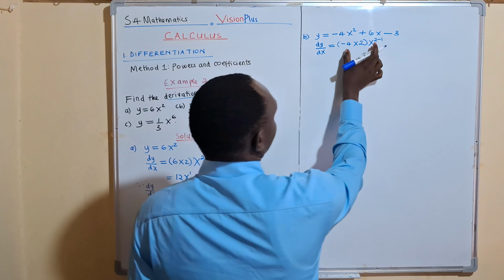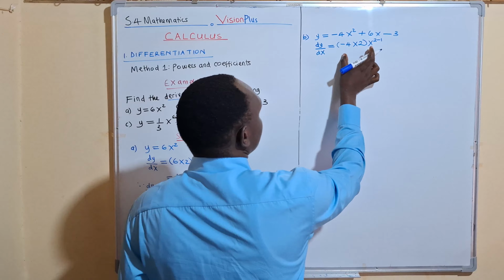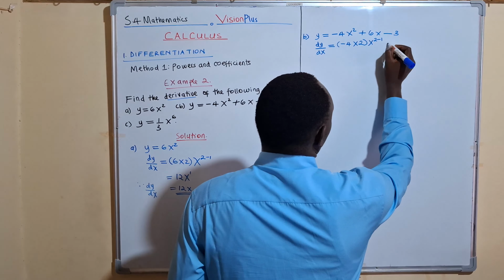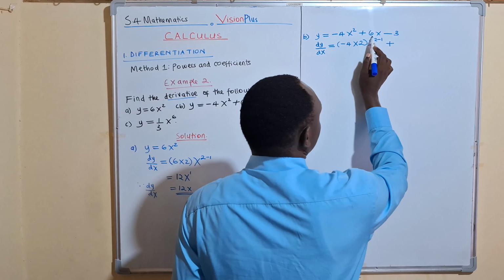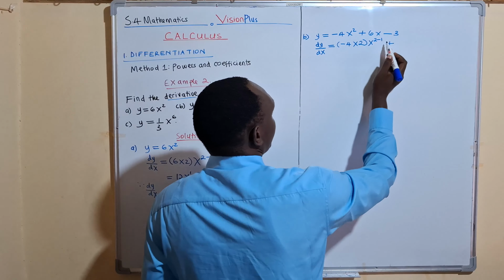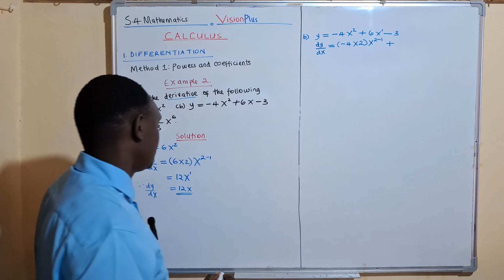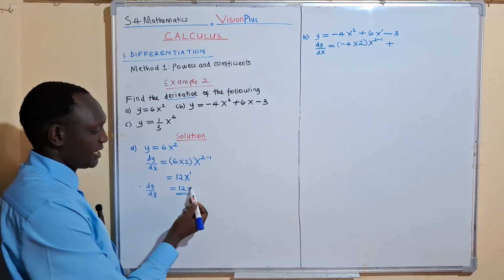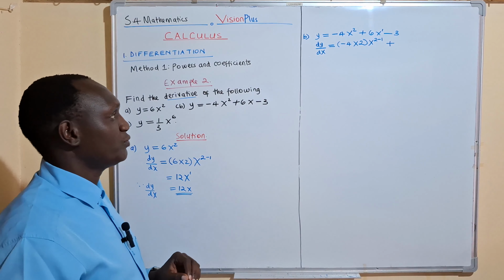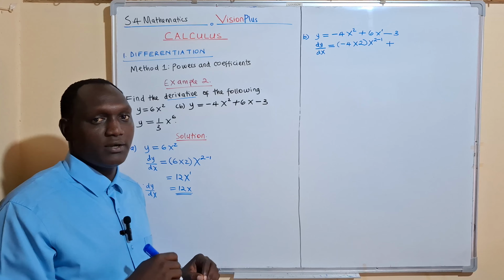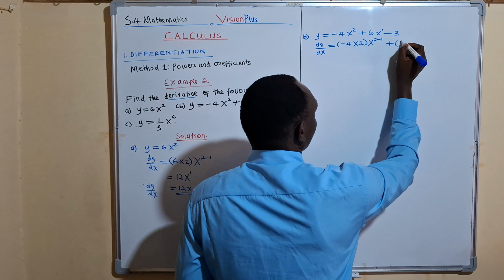Now we have differentiated the first term. We are just left with simplifying it. And then plus, we come to the second term, which is 6x. Remember, this x here has a power of 1. But if it has a power of 1, it is not written, like in this case. So that x has a power of 1. What should we do? We need to lower that power, which is 1. And there was already a coefficient of 6.